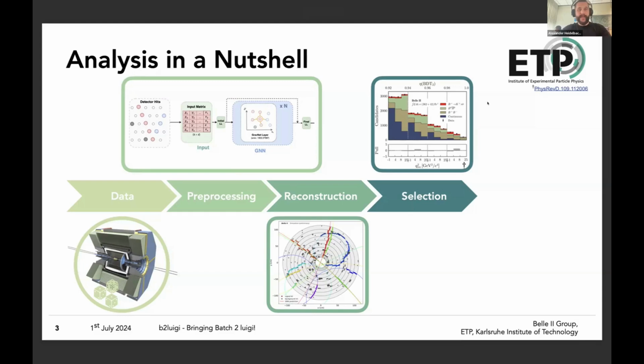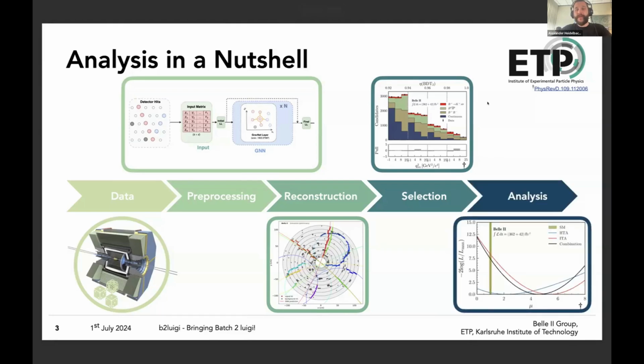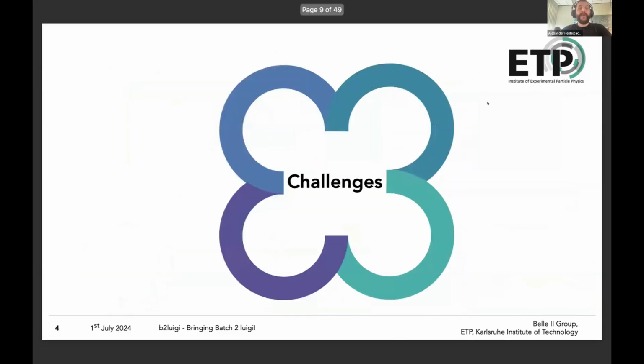The analysis does very specific selections, of course, always with the goal in mind to reduce background as much as possible while keeping as much signal alive as possible. And as soon as we have a selection, we can then go and start with the statistical analysis, perform fits, and so on. We can derive quantities or calculate upper limits if necessary.